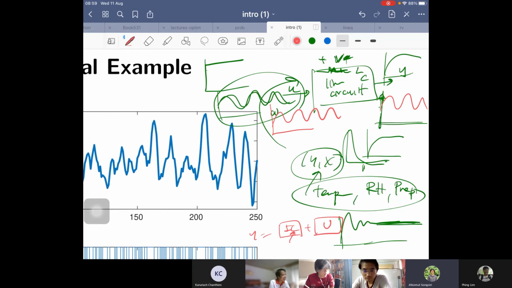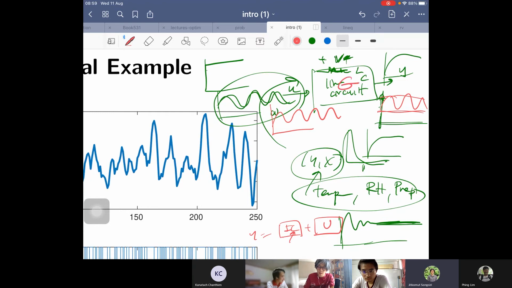Napat can answer. Different magnitude because we have initial condition. No, it's not because of the initial condition. Magnitude, yes.